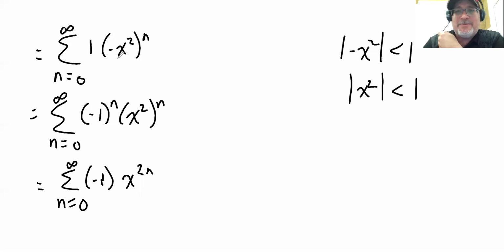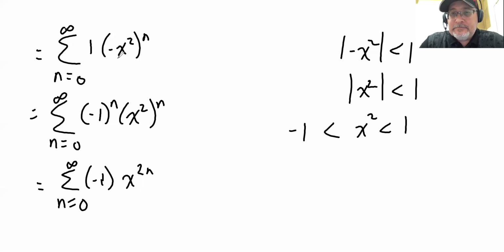Now, some common sense might prevail here that x is going to be between 1 and negative 1. Technically speaking, when you solve absolute value less than 1, your next move is to sandwich this between negative 1 and 1. But if I square a number between negative 1 and 1, it's going to stay between negative 1 and 1.